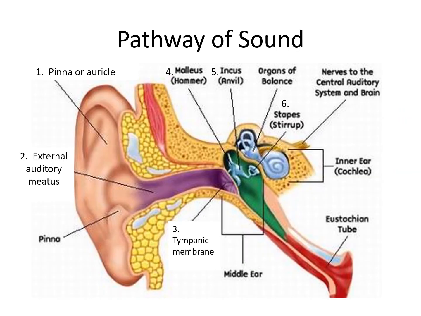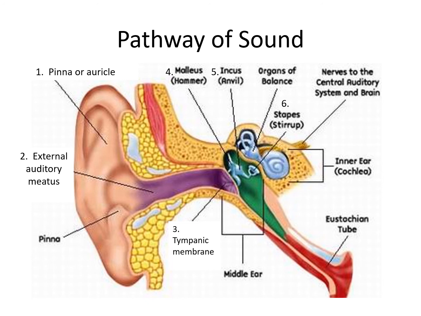And also on page 133, let's talk about the sound wave that travels into the brain. As sound waves are collected by the pinna or auricle, it then travels to the external auditory meatus. Sound waves first vibrate against the tympanic membrane. The tympanic membrane vibrates against 3 little ear bones, malleus, incus, and stapes.